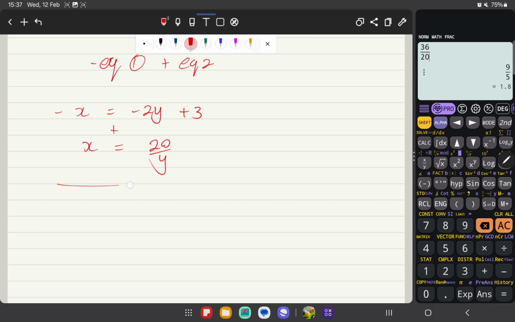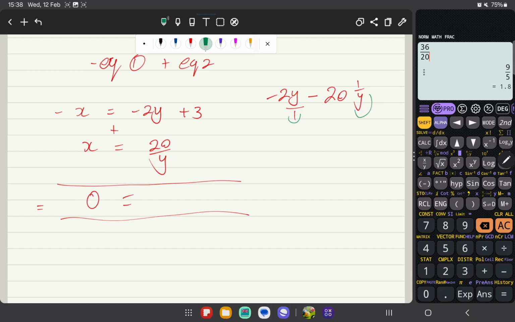Now, if I do my math, that is gonna be 0, and I'm gonna have minus 2y minus 20 over y. If I try to work this out, here I have a denominator of 1, here I have a denominator of y.